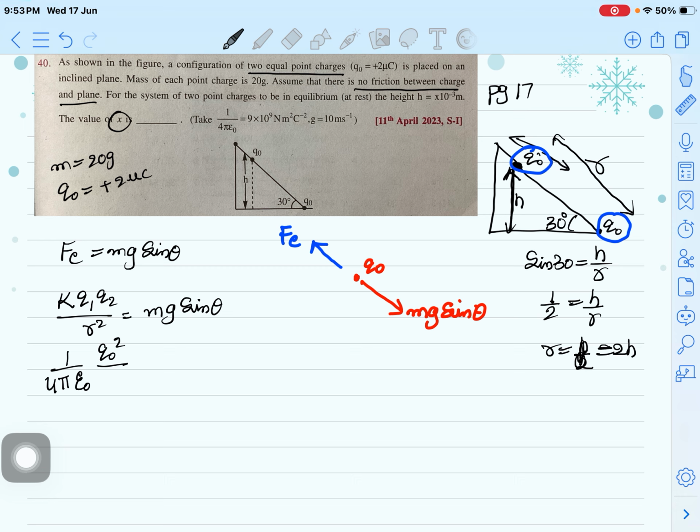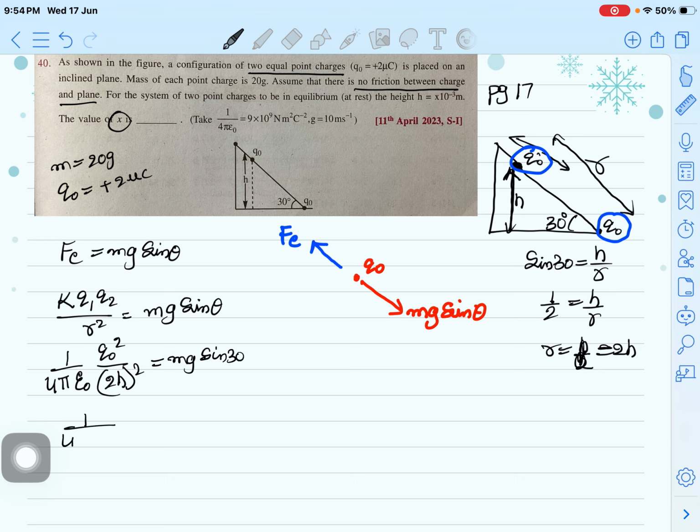Now I am substituting R as 2h. Here we have R square, so it will be 2h whole square, which equals mg sin 30, and sin 30 is 1 by 2. I want h, so I will take the other terms to the other side.